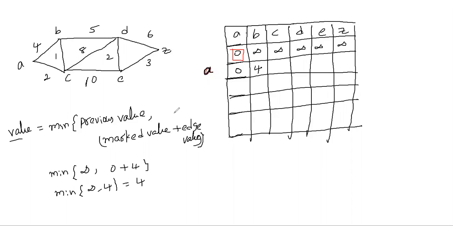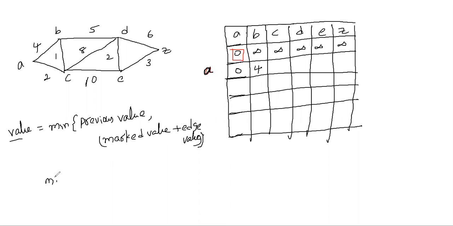Next, the same way you can do for the next one. Come to the C vertex. For the C vertex you have to see A to C. Already our A is taken, so you take A to C. What is the value here?